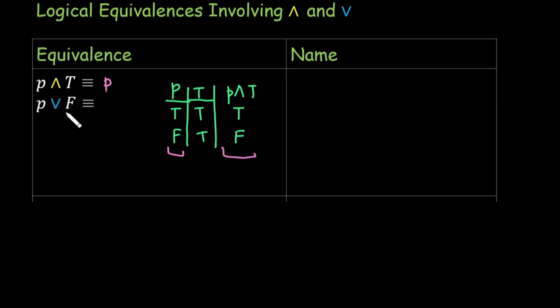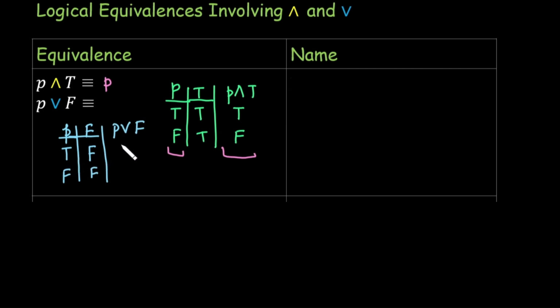Similarly, what is P or false logically equivalent to? P can be true or false, and we are operating with a false statement, which is false in both cases, using the disjunction operator. P or false is false when both are false, otherwise true.